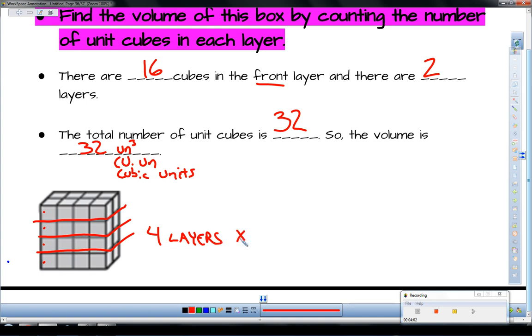And in the top layer here, because we can see it the best, there are 1, 2, 3, 4, 5, 6, 7, 8 cubes, which still gives us 32 cubic units. Again, notice that cubes like this, the red is now the top, the blue is the front, and the green is the right, that is just 1 cube.